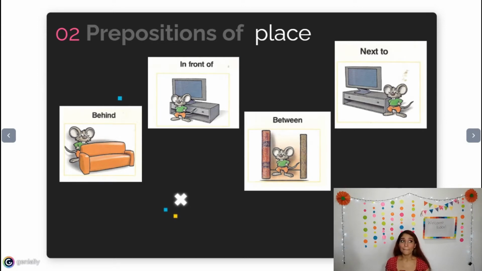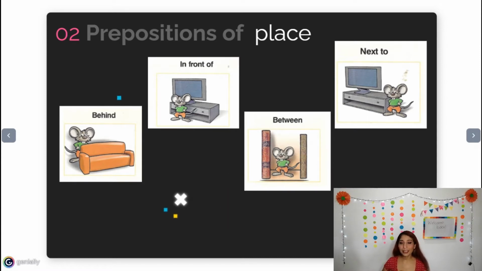The mouse is behind the sofa. Second, the mouse is in front of the TV, okay? For example, I'm here and the TV is in front of me, okay?